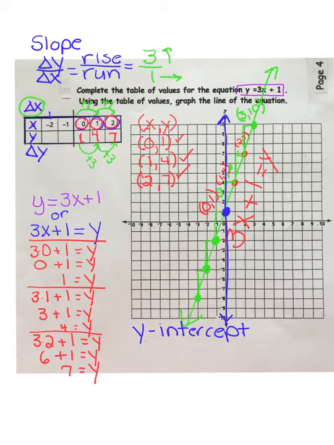It's right here at +1. And we can see that that ordered pair is right here on the table. 0, 1 marks the location of the y-intercept. So our intercept is at a +1.